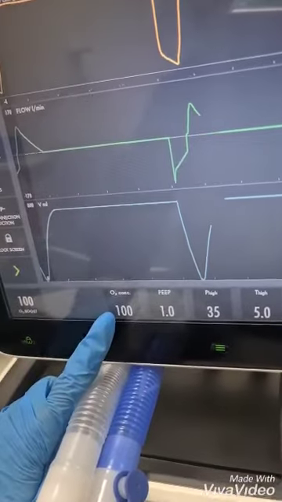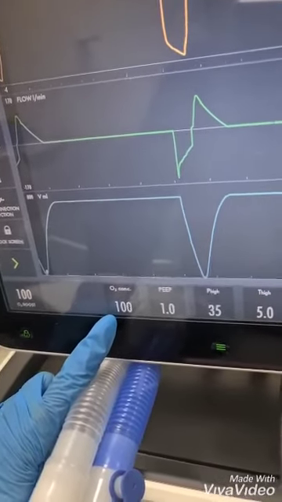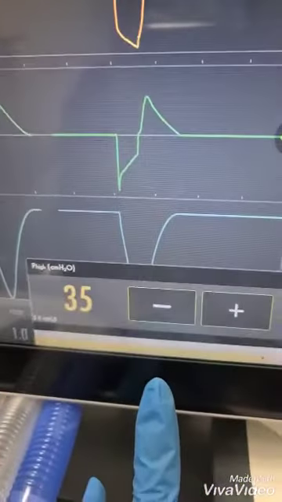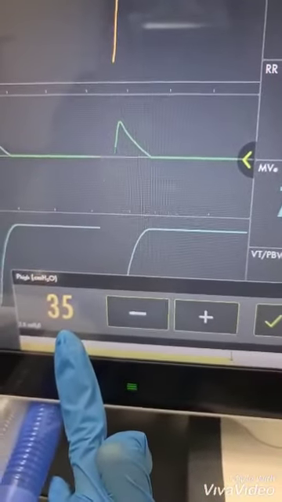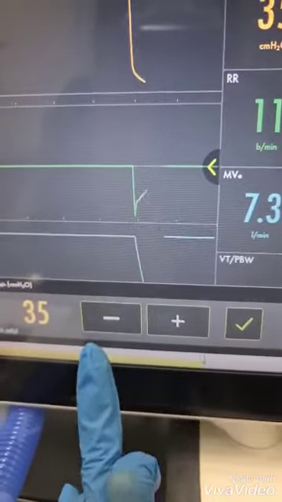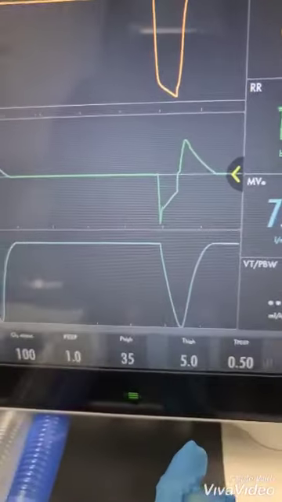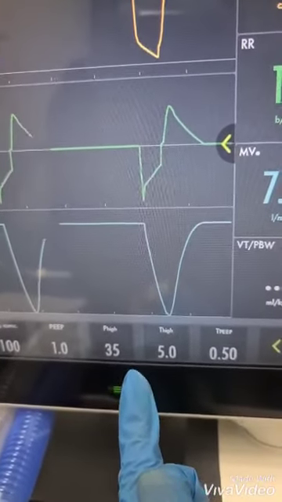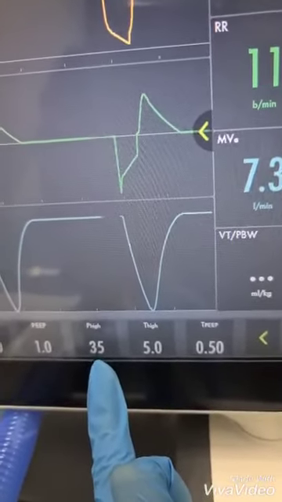For APRV management, let's say your patient is having hypoxia, what would you do? I already increased the FiO2 to 100, but your patient still is desaturated. So I will manipulate the P-high. It was set around 28. I reached 35. Do not exceed 35. Actually it should be 30, but we can exceed to 35.